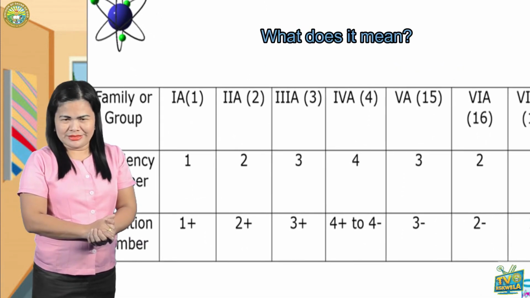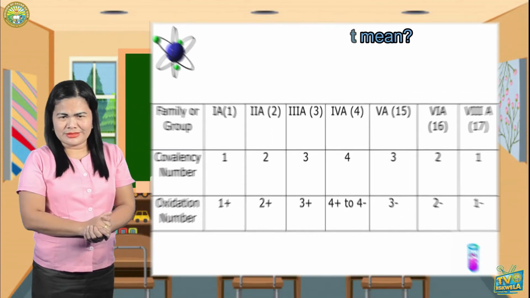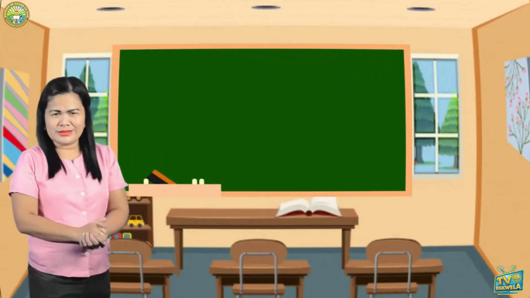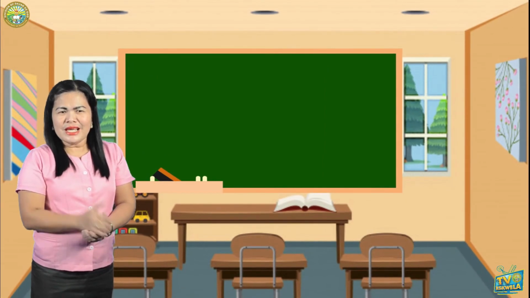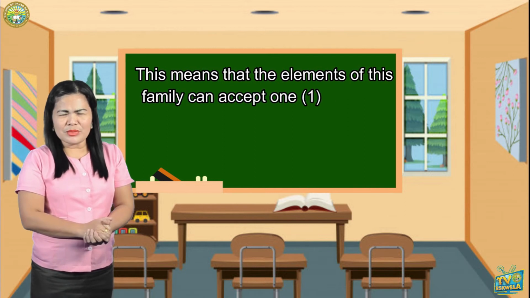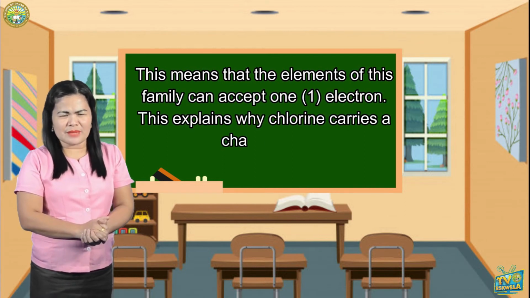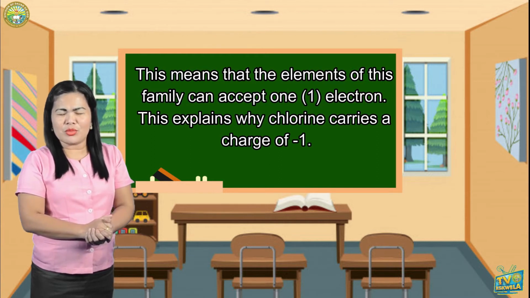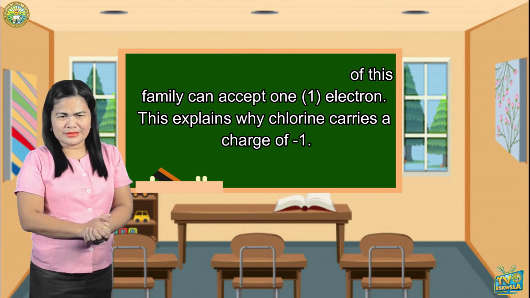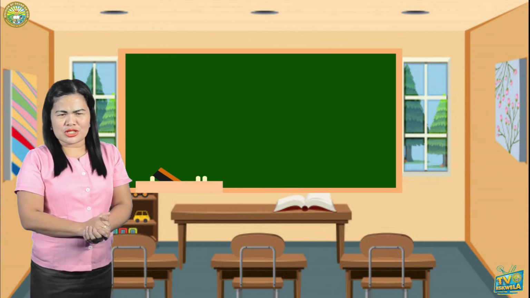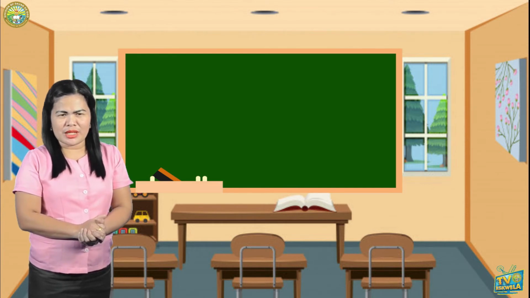What does it mean? Nice answer! This means that the elements of this family can accept 1 electron. This explains why chlorine carries a charge of negative 1.